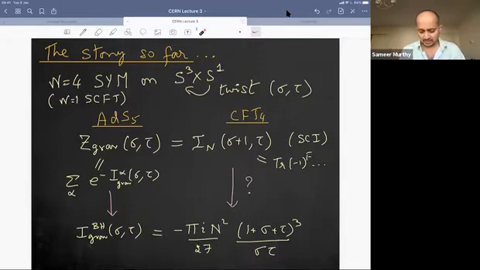These charges included rotations, and therefore this is not a direct product. There's some twist involved. We were studying the AdS/CFT correspondence in this context, focusing on the supersymmetric sector of the correspondence.